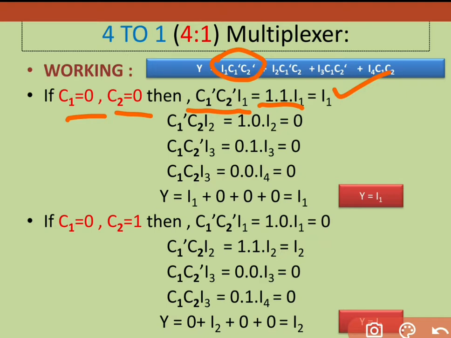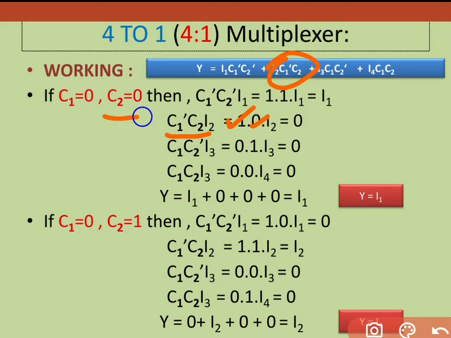And then we have the next one. The second one is C1 dash C2 with I2. The dash becomes 1 and the normal becomes 0 only, because the normal contains 0. Anything multiplied with 0, the answer will be 0.